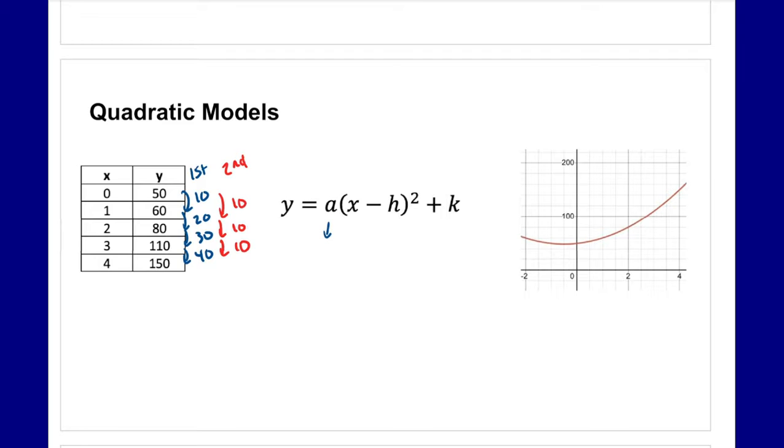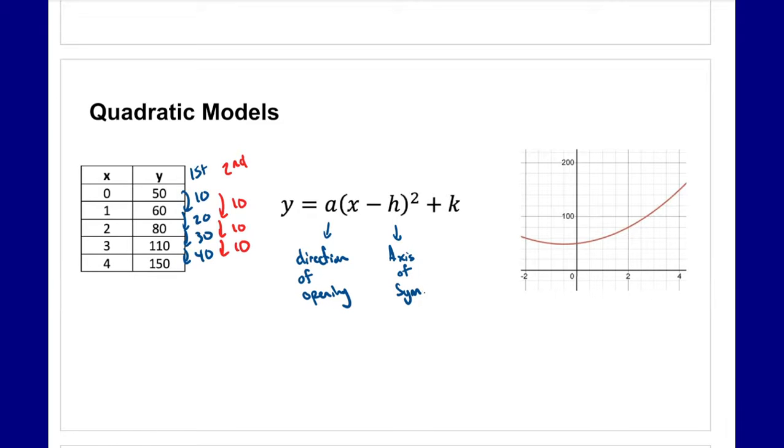For our equation, right, there are possibly three different types of quadratic equations that we could use. This was the one that we talked about in our lesson, the vertex form. a equals the direction of the opening. So does it open up or down? The h value tells us the axis of symmetry.